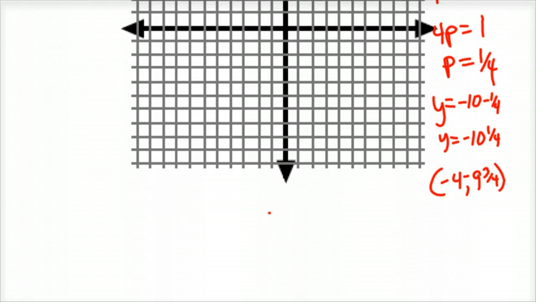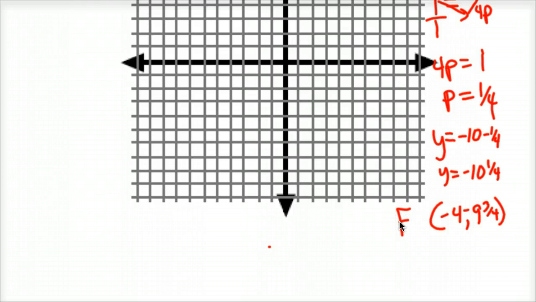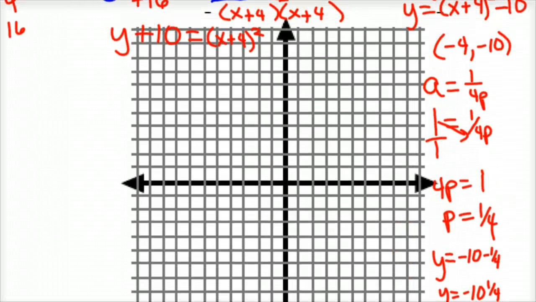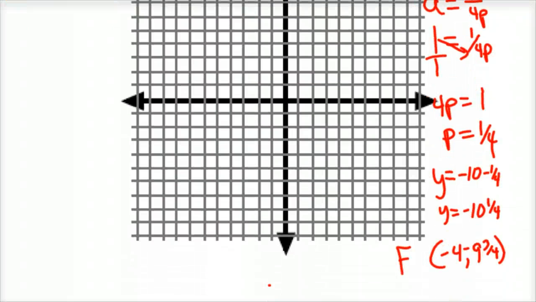And that's our focus. And now we're ready to graph all this stuff. So you go left 4, down 10, about right here. Your focus would be up 1/4 from that, so it'd be kind of hard to see. And your directrix would be down 1/4 from that.